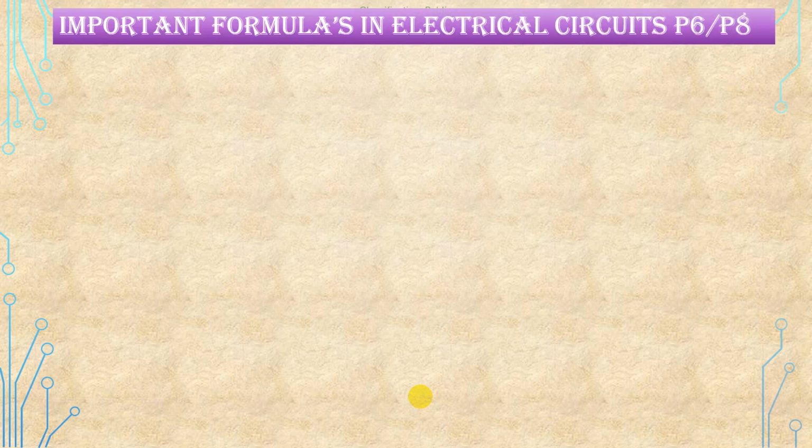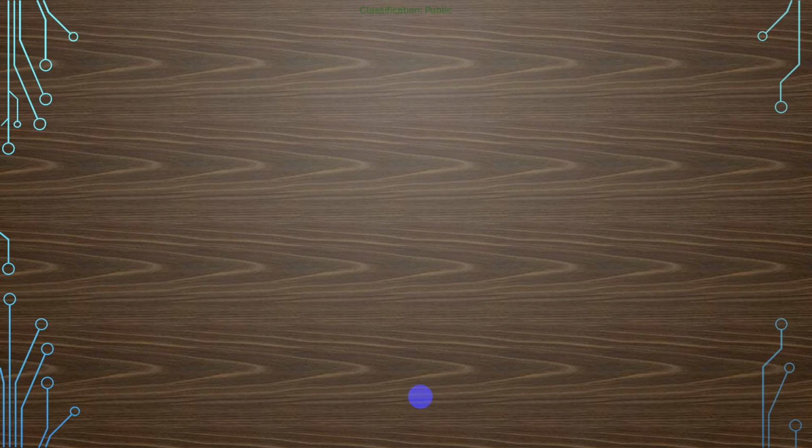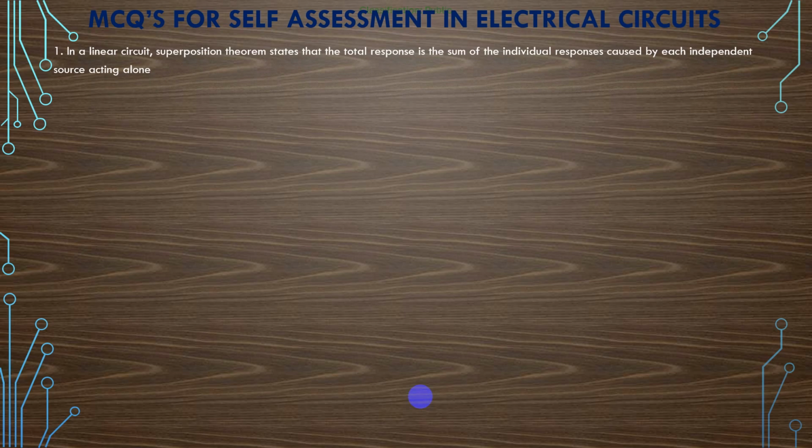So we have some problems there. Yeah, first one. In a linear circuit, superposition also is there. What is superposition? Let's take a circuit where many sources are there, maybe current or maybe voltage. Finding the resultant current and voltage in each branch is very difficult using mesh analysis and node analysis.